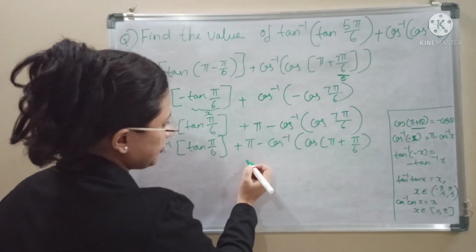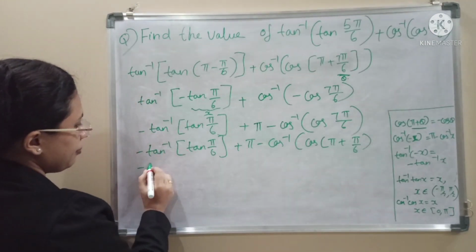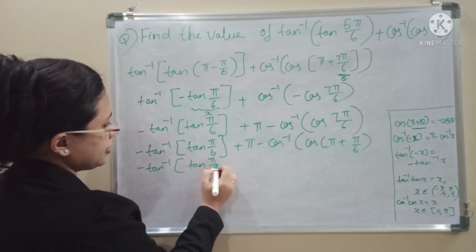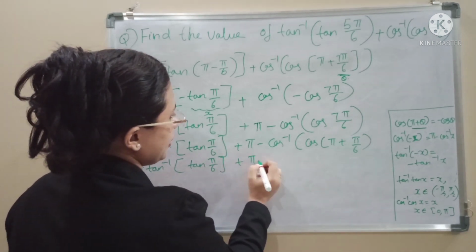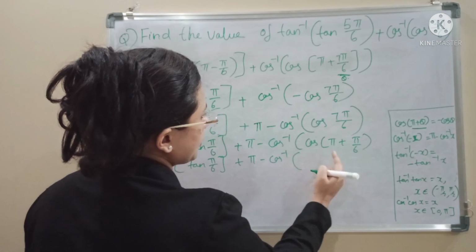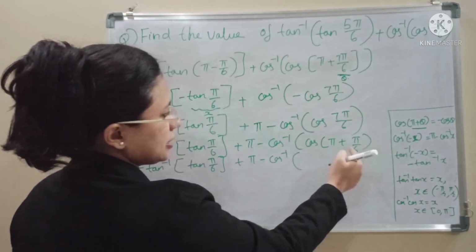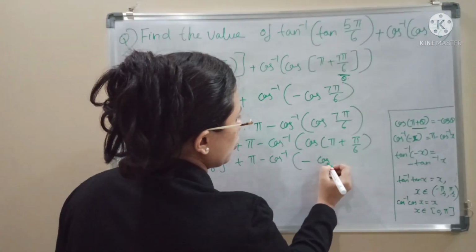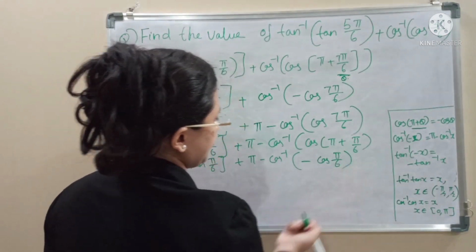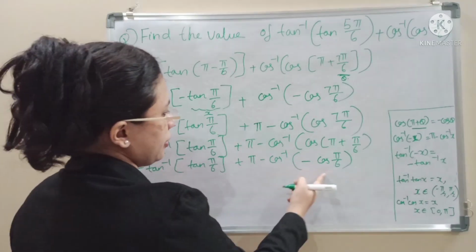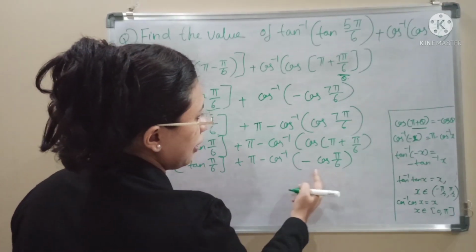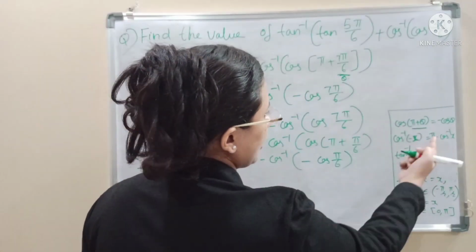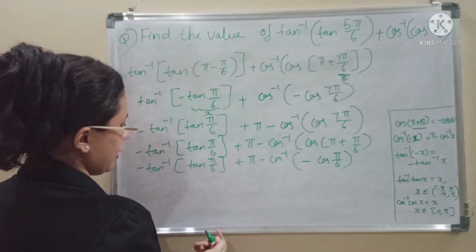Again we can apply this property here. So it will be minus tan inverse tan π/6 plus π minus cos inverse of cos(π plus θ), where θ is π/6. So the answer will be minus cos π/6. Again, if we look here, cos inverse of minus x is π minus cos inverse of x.